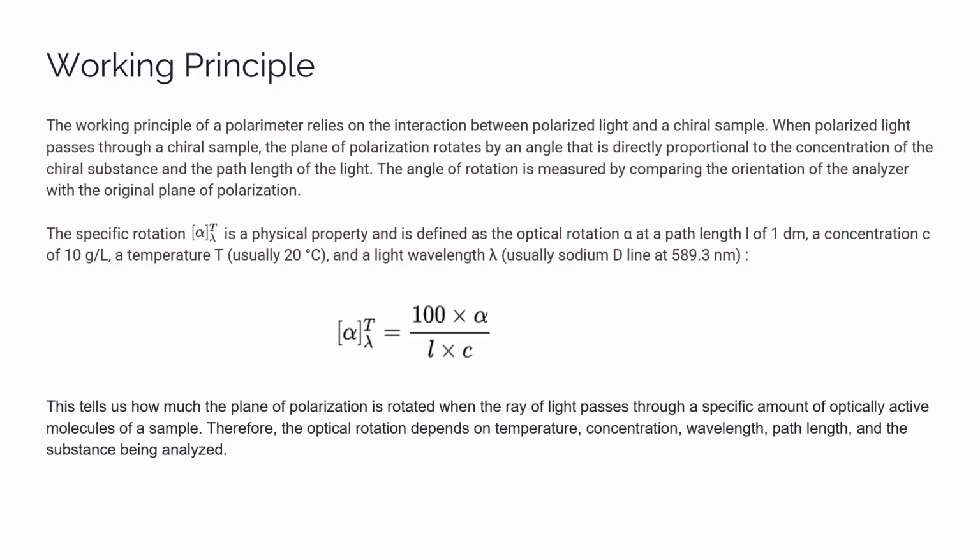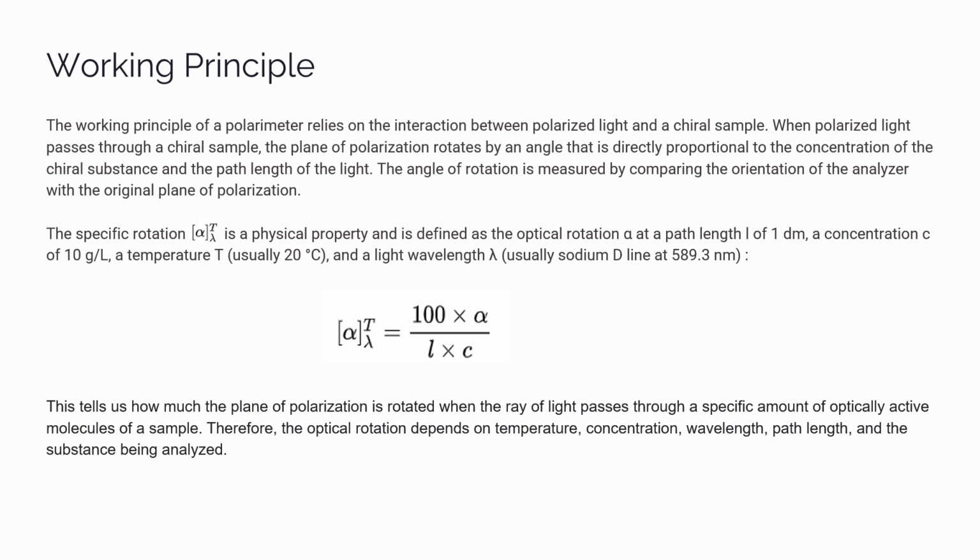Working principle. The polarimeter working principle is very straightforward. The polarized light passes through a chiral sample, and it rotates the plane of polarization. The angle of rotation is directly proportional to the concentration of the chiral substance and the path length through the sample. The relationship is captured in the formula for specific rotation, and that formula is 100 × α / (L × concentration).